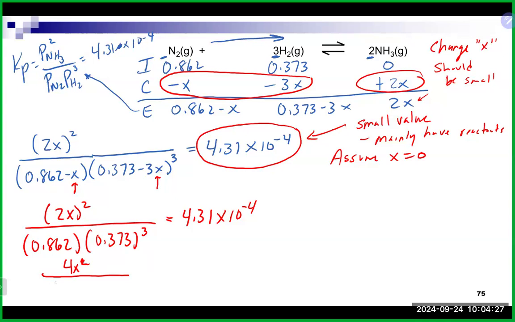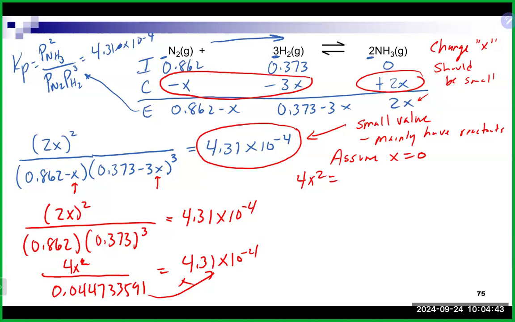That's going to give us something like 0.044733591 equals 4.31 times 10 to the minus 4. At this point, we're going to multiply that to the other side. That will give me 4x squared is equal to 0.00001928.